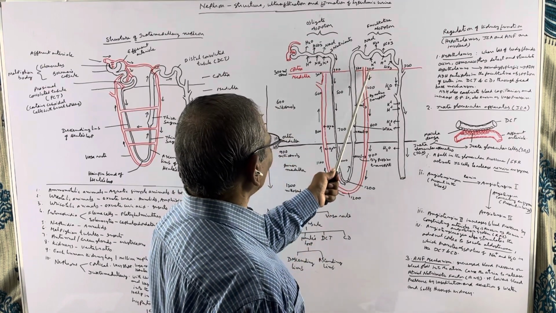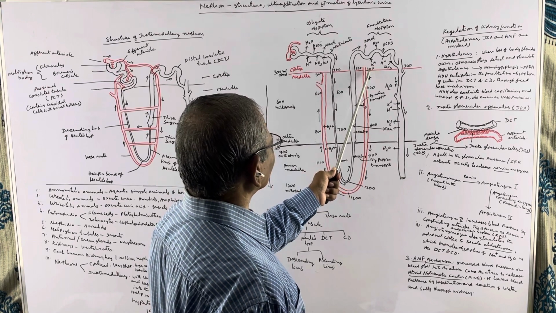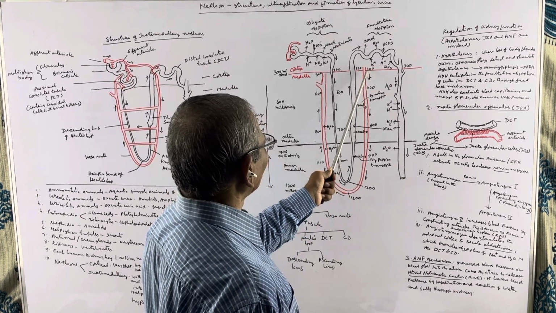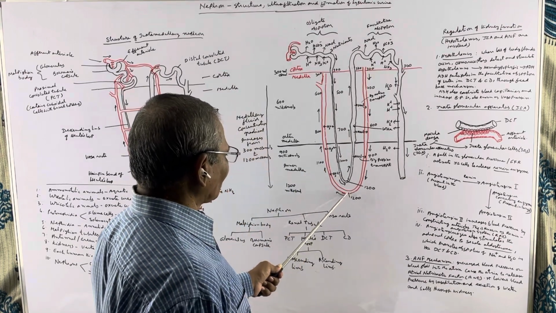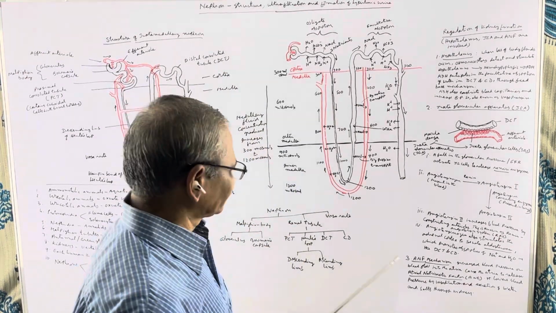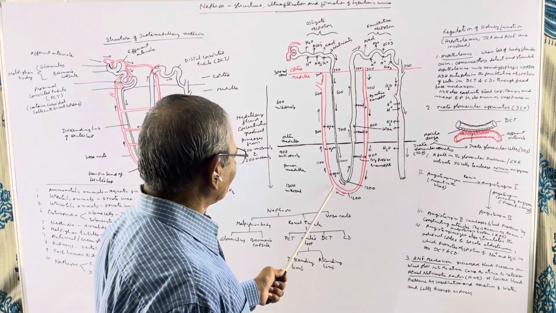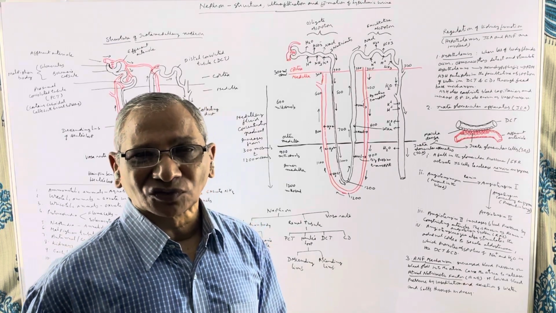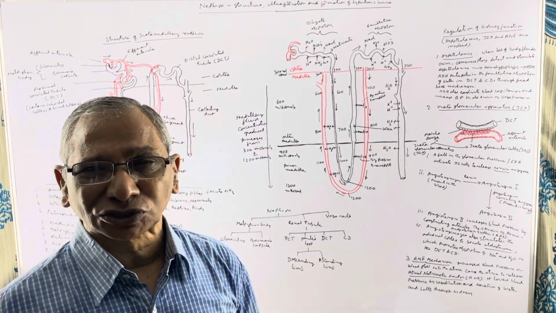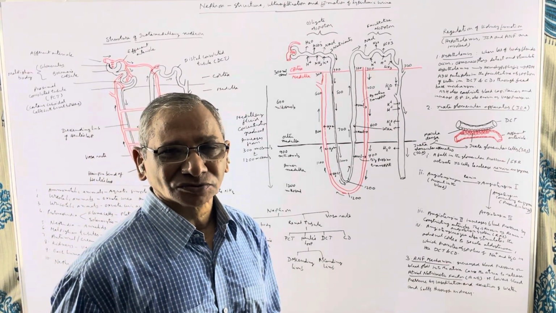The osmolarity of blood is only 300 milliosmoles here in the descending limb of vasa recta, and by the time it reaches this bend, it increases to 1200 milliosmoles. Again, by the time blood reaches the cortex level, the osmolarity is reduced from 1200 milliosmoles to 300 milliosmoles.